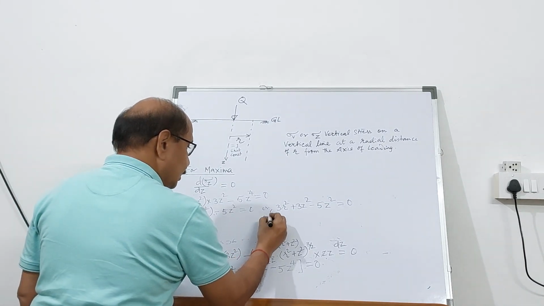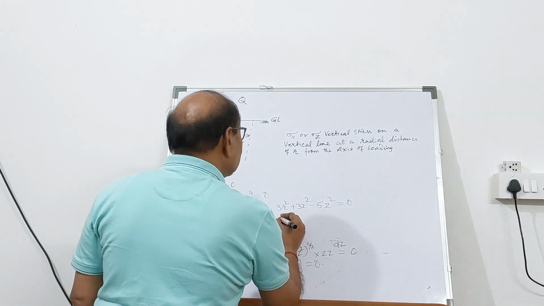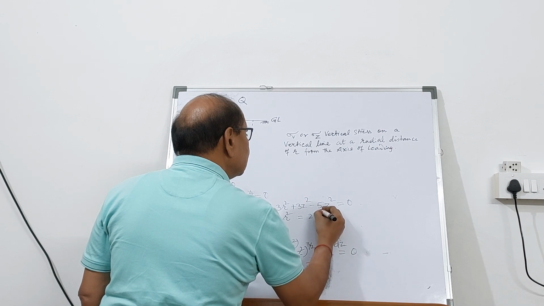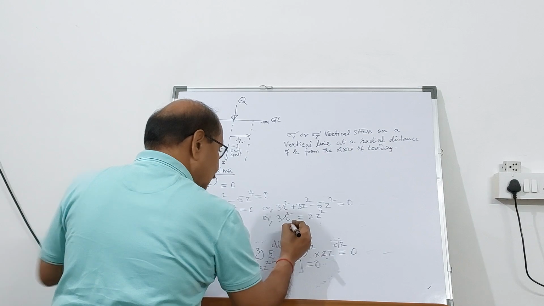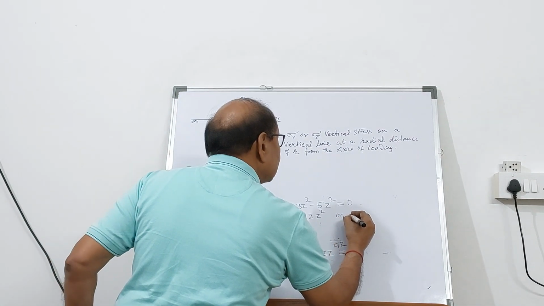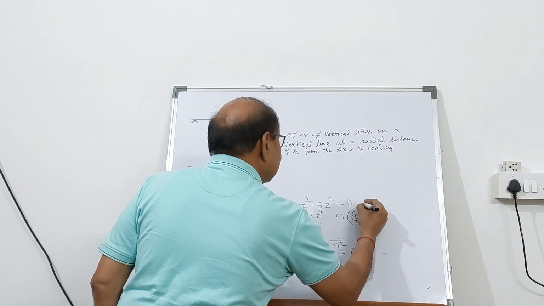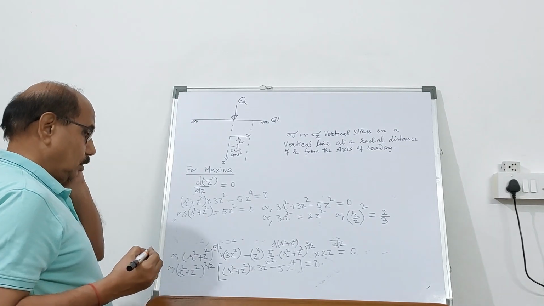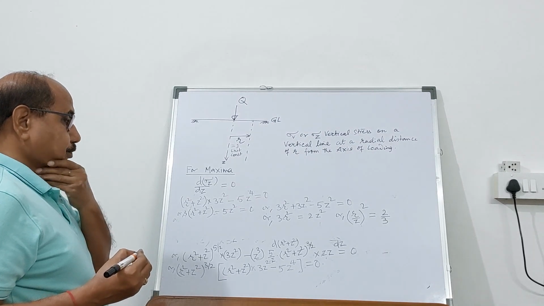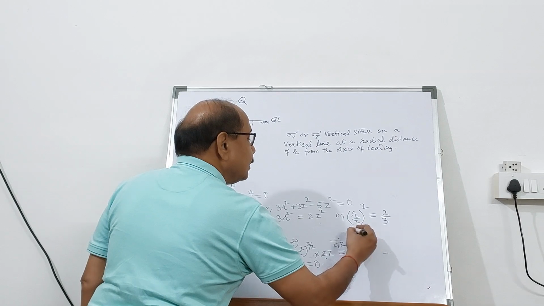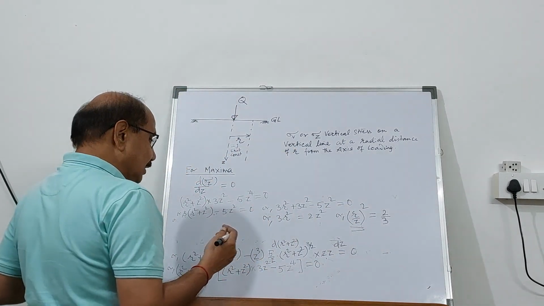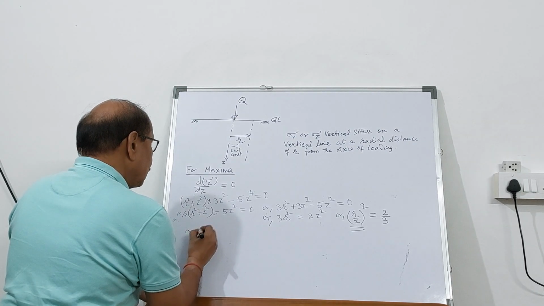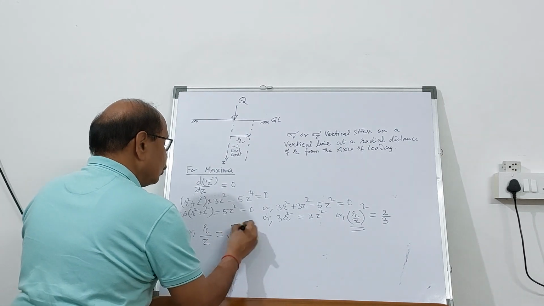So if you further simplify it, 3r square equal to 2 times z square, or r square by z square equal to 2 by 3, or r by z equal to under root 2 by 3.